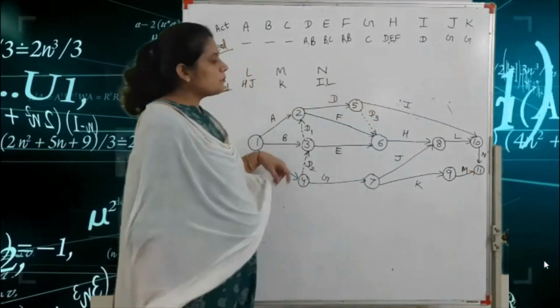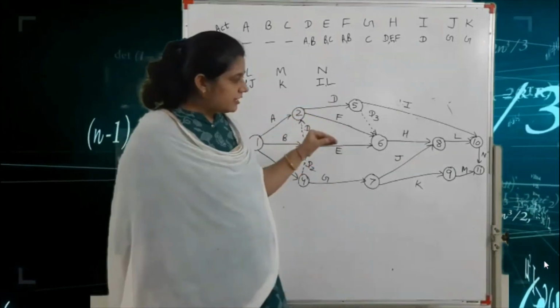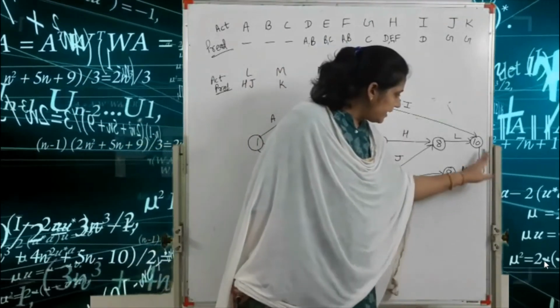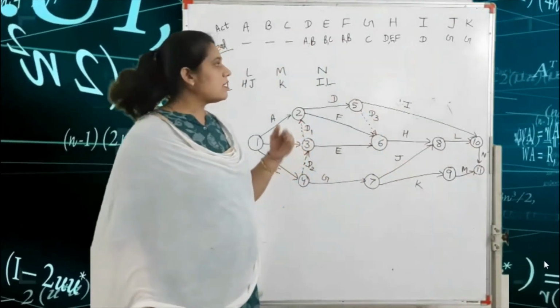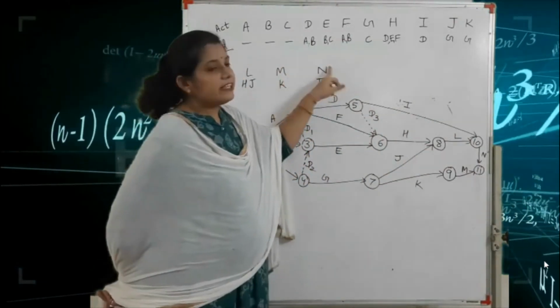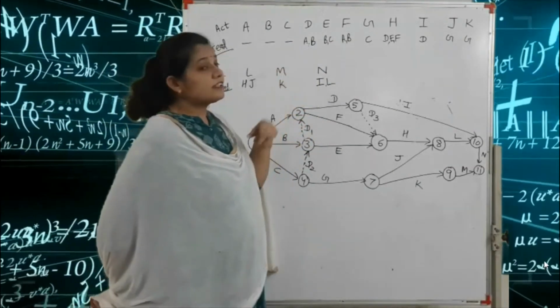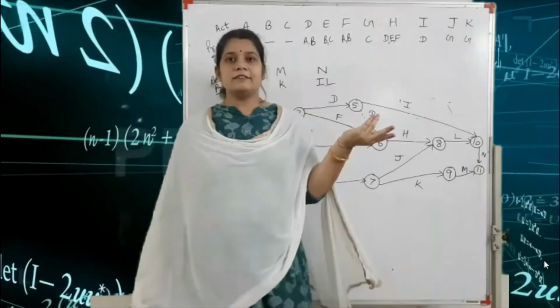So why do we draw here the end node? The ending finish time is this node, because after the N activity and after the M activity there is no other activity given in our question.